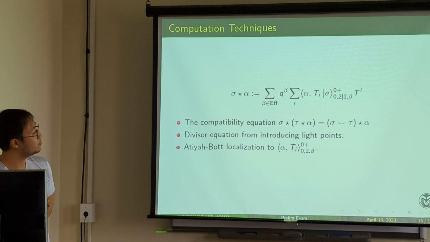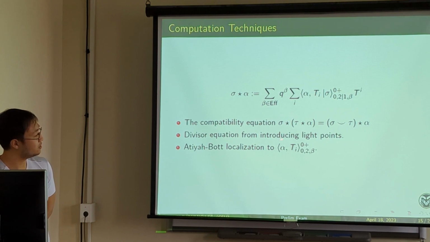And we introduce the light points, which is this part. And when this has degree 1, from introducing light points, we do have a divisor equation. Basically, this divisor equation is, you can take this degree 1 monomial part outside of the invariant by multiplying this beta, so that this 2x1 invariant boils down to a two-pointed invariant.